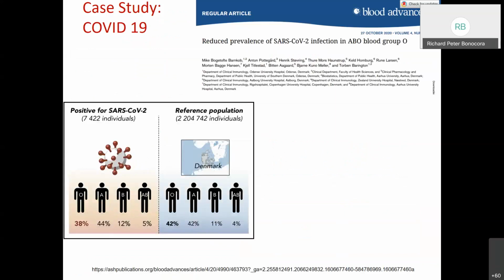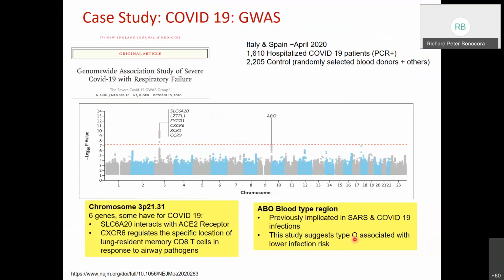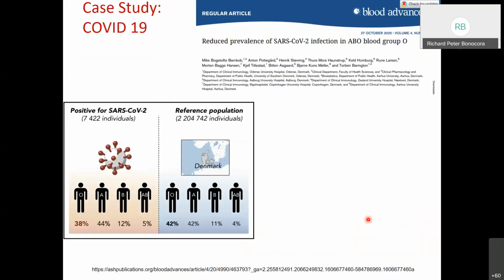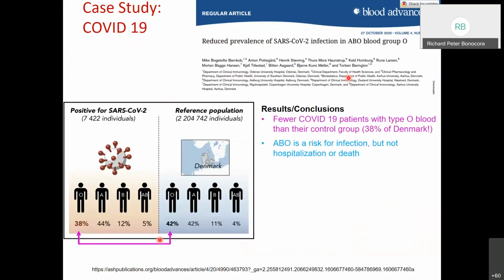Then I found another article, which is not a GWAS article, but looks at the different blood types and what effects they have on infection. Here they suggest that type O is associated with lower infection risk, the same thing.